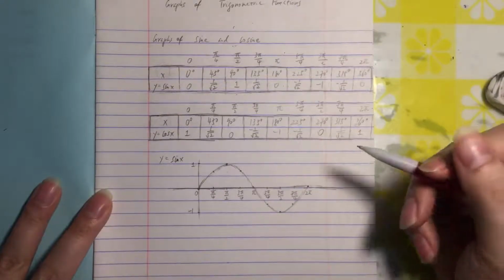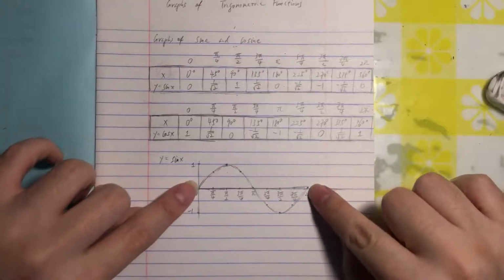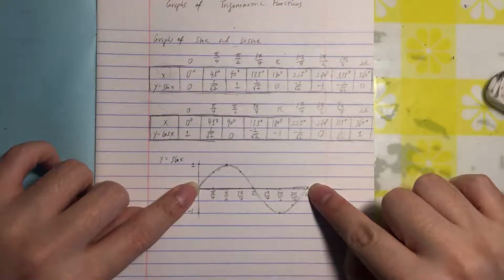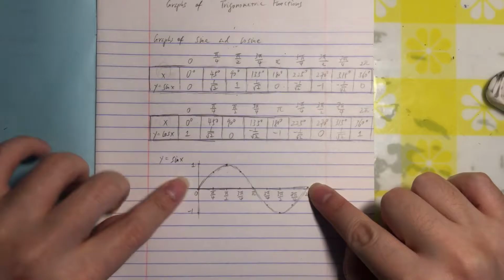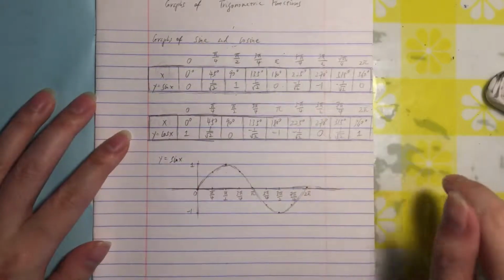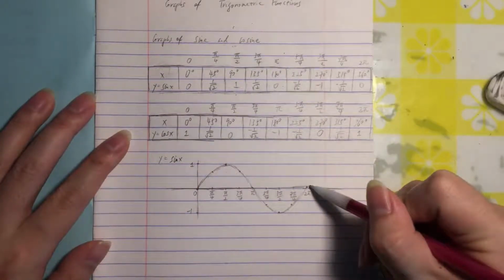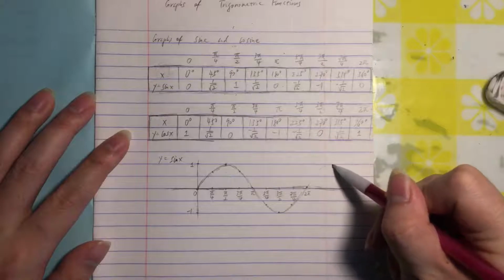That's the sine function. This is called the first period of the sine function. If we plot more points, we can see that after 2 pi, the sine function repeats itself.